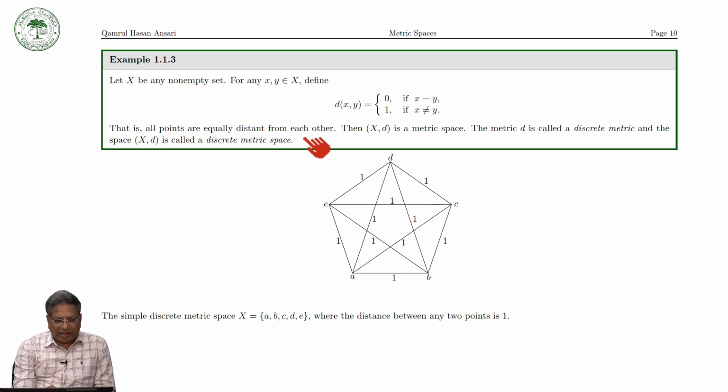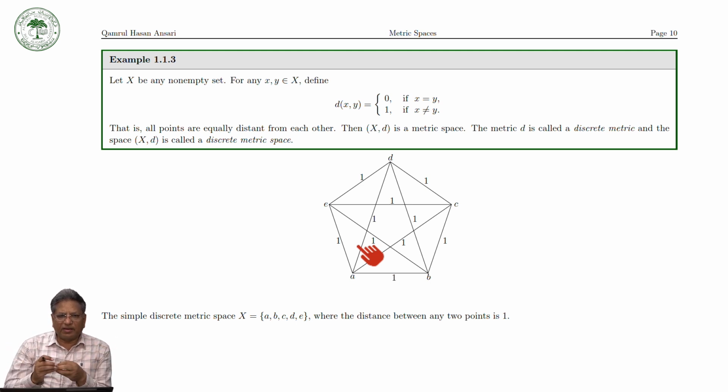Here you can see that if you consider the point A, point B, point C, point D, point E, the important thing is that if they are different points, then the distance between them is 1 unit.